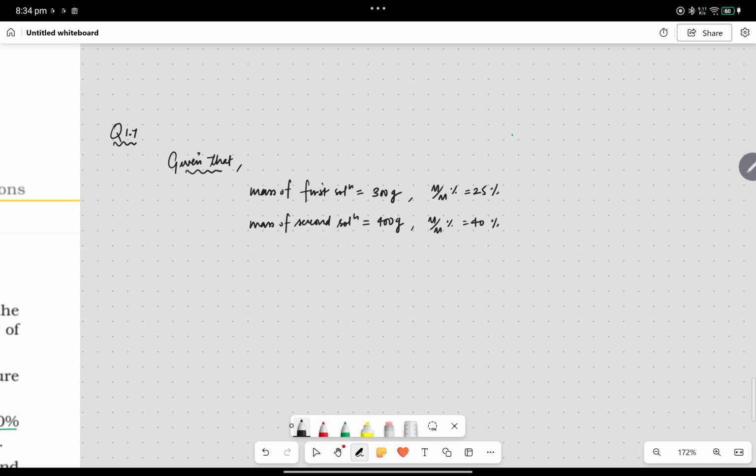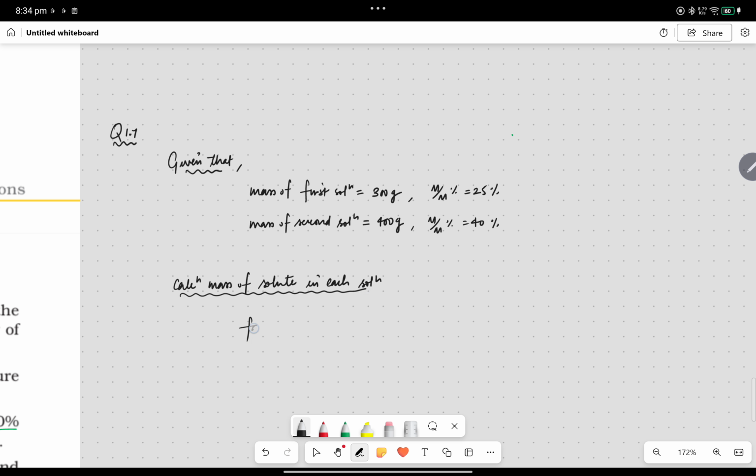Okay, now what we are going to do is calculate the mass of solute in each solution. Mass of solute in each solution, how are you going to calculate it?